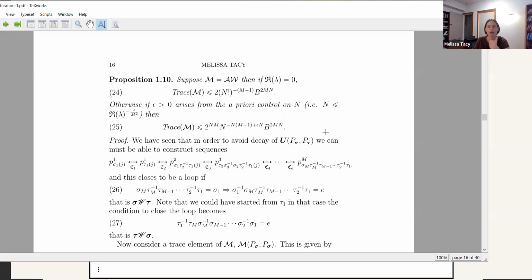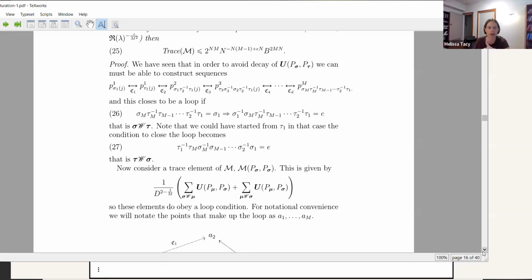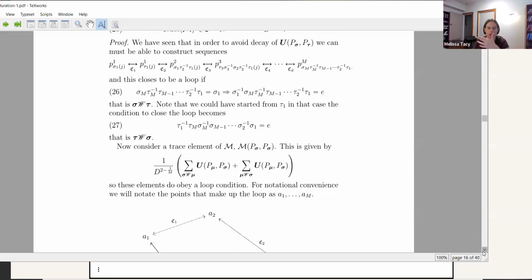And so what this is really doing is coming back to the fact that we really do know what these elements are. We have constructed our matrix A so that there will be loops. So this bit here is just writing out what the matrices are and then establishing that, in fact, they are loops. Again, not surprising, we set everything up so that they would be.